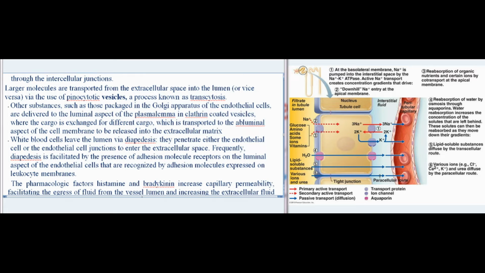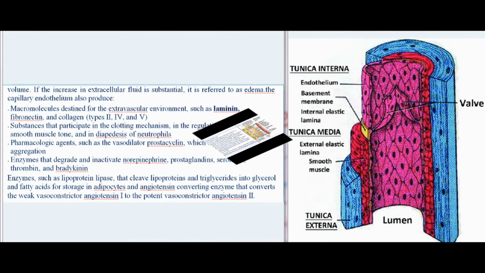The pharmacologic factors histamine and bradykinin increase capillary permeability, facilitating the egress of fluid from the vessel lumen and increasing the extracellular fluid volume. If the increase in extracellular fluid is substantial, it is referred to as edema.